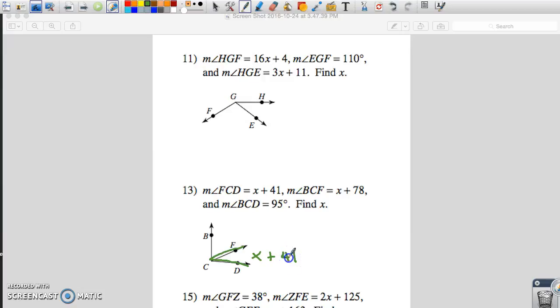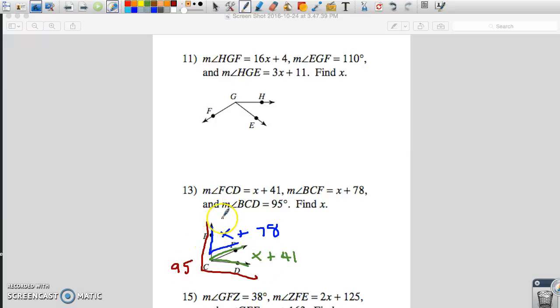That's a 4. Okay, and then measure of angle BCF is x plus 78. And then, guess what? BCD, the big angle, BCD, okay, that is 95.